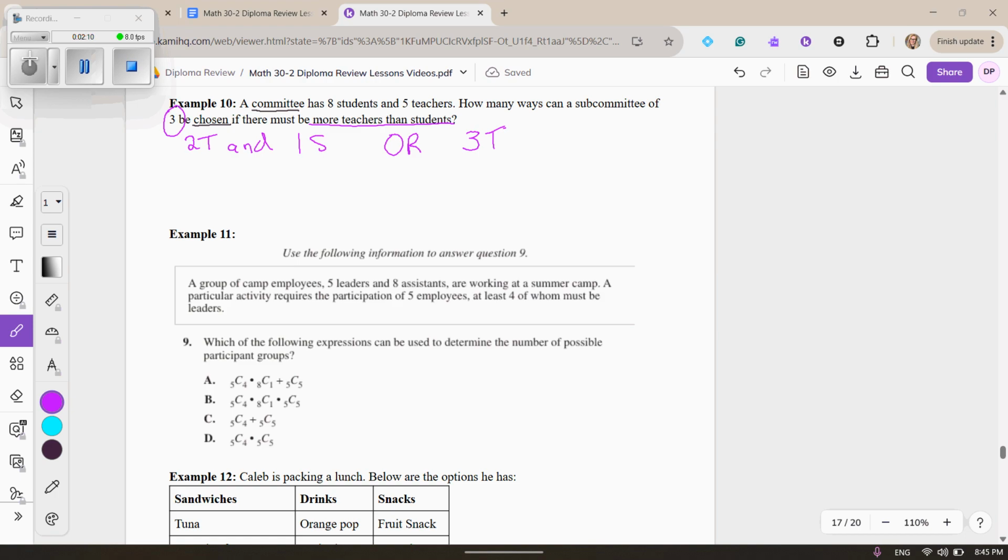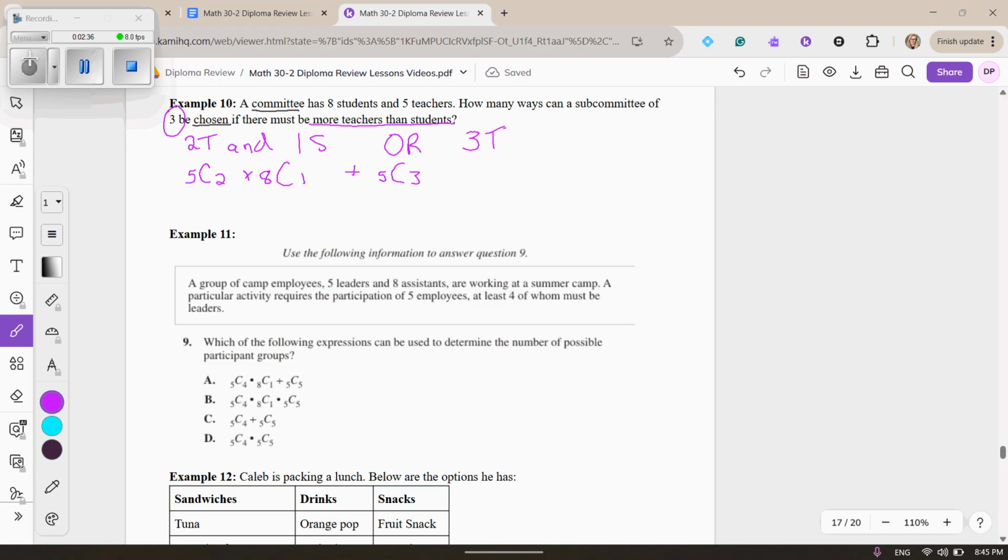Remember that the word "and" means multiply and "or" means add. So to get the 2 teachers, I would have 5 and I would choose 2 of them. And, of course, "and" means multiply, 1 student. So 8 students and I am choosing 1 of them. And then I'm going to add, because of the word "or," 3 teachers, which can be selected 5 choose 3 ways.